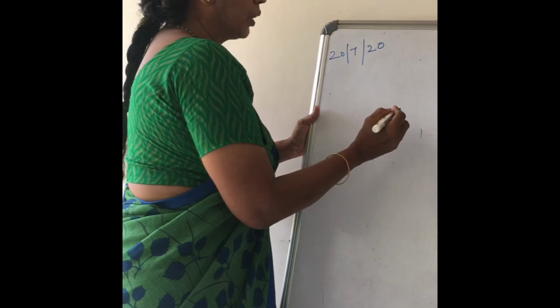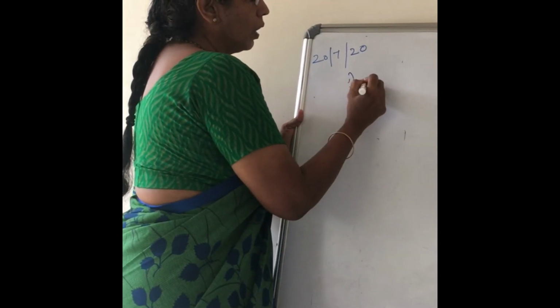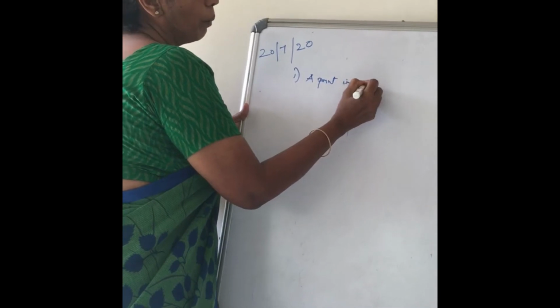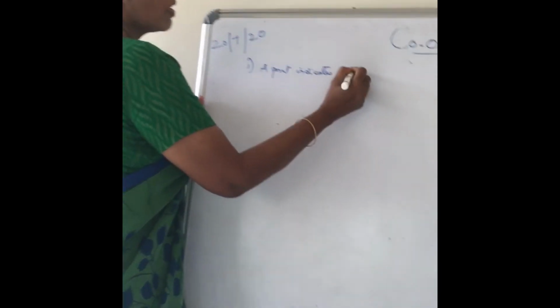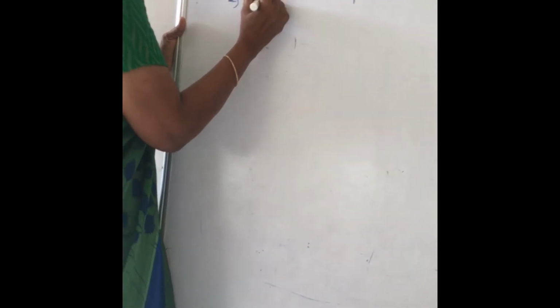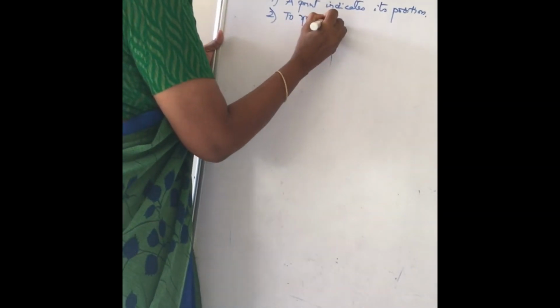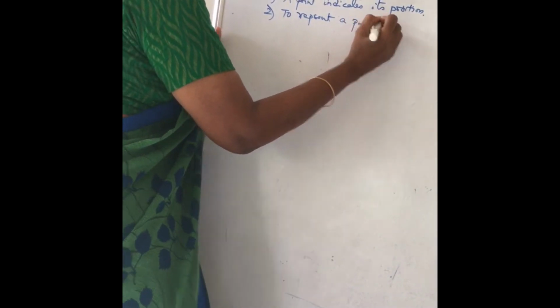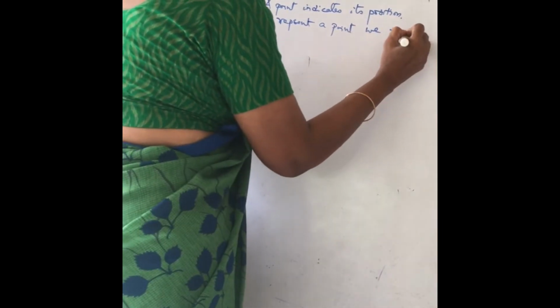A point indicates its position. To represent a point, we require a plane.